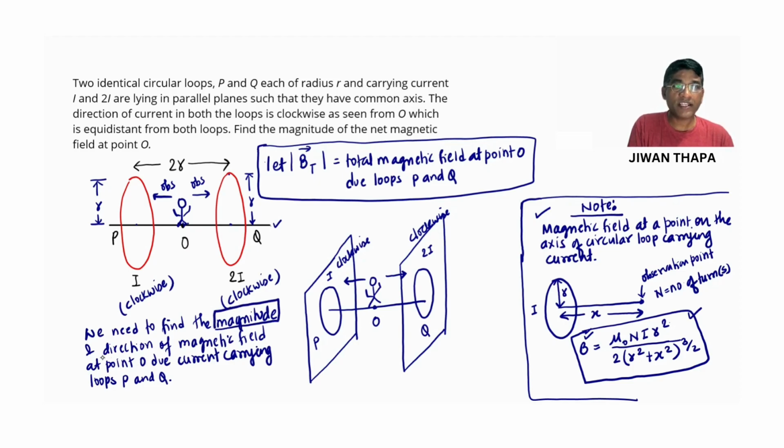And in order to find the direction of magnetic field, we use the right hand thumb rule. So in order to find the direction of magnetic field at point O due to loops P and Q, we use right hand thumb rule. And in order to find the magnitude, we use this formula.